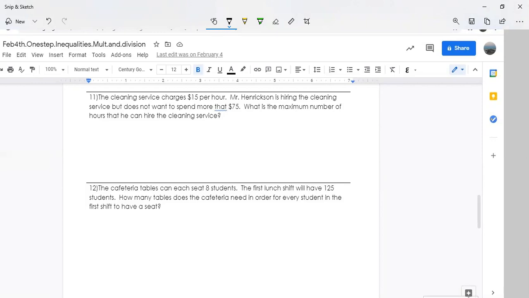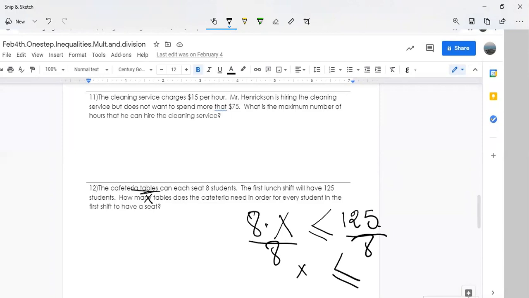The number of students we have is 125. So we have less than or equal to 125 and 8 per table. We want to know how many tables. 8 per table. X represents the tables. That's the thing we don't know here. So solve, divide both sides by 8. How many tables do we need to seat 125 students?